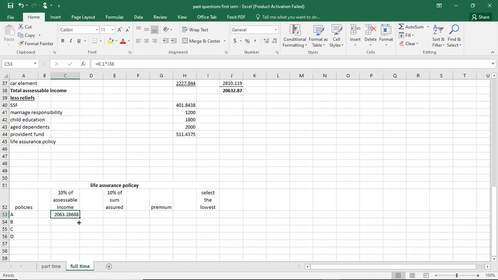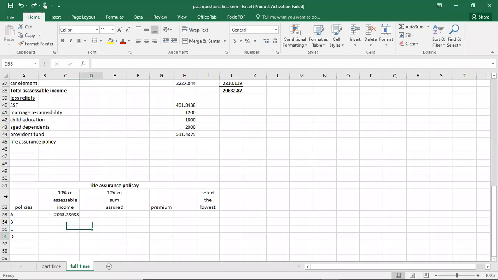So it runs through from here to here. So this is going to be it. Then 10% of the sum assured. Sum assured for policy A is 8,000, so 10% is 800. Second one is 560. Third one is 3,200. Next one is 1,000.